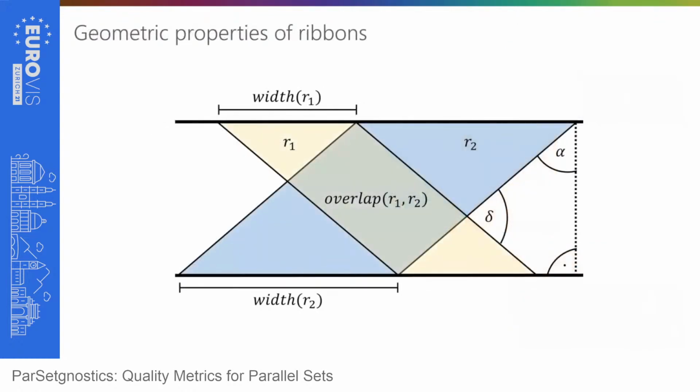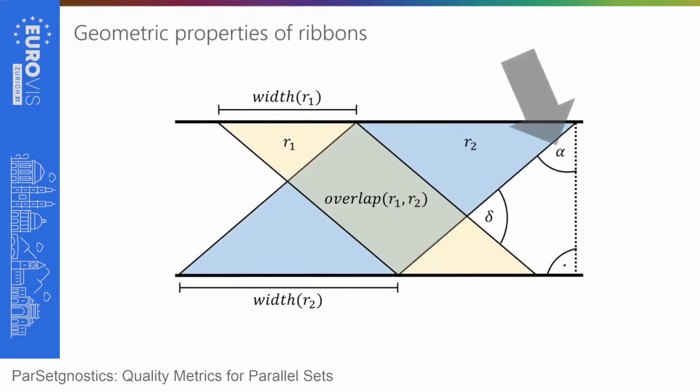Before I discuss the individual metrics, I want to take some time to describe the geometry of parallel sets visualizations. Here you can see a level of a parallel sets visualization with 2 ribbons that are crossing. We define the overlap of 2 ribbons as the intersection area of the ribbons, as you can see here in the center.